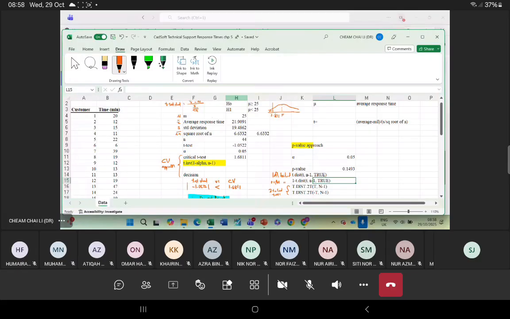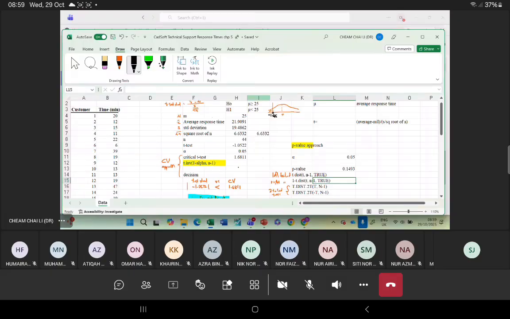Okay, and it is on the left of the mean, so dia akan ada negative. Okay, and then your test statistic, nampak kan? Yeah, right, clear. So negative 1.688. Okay, so this is your critical value.